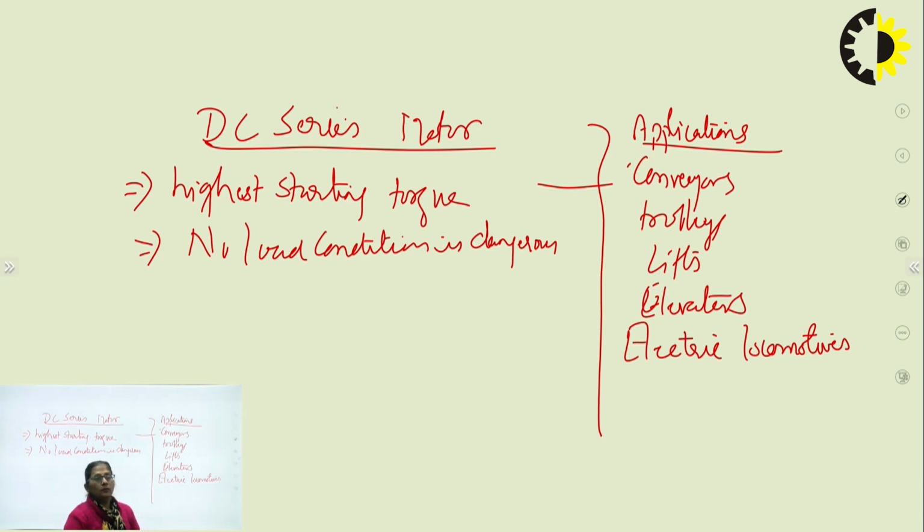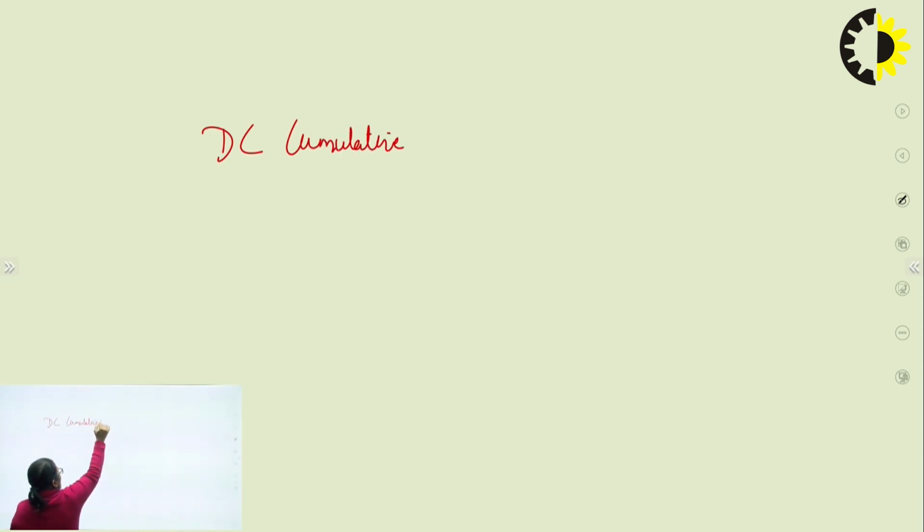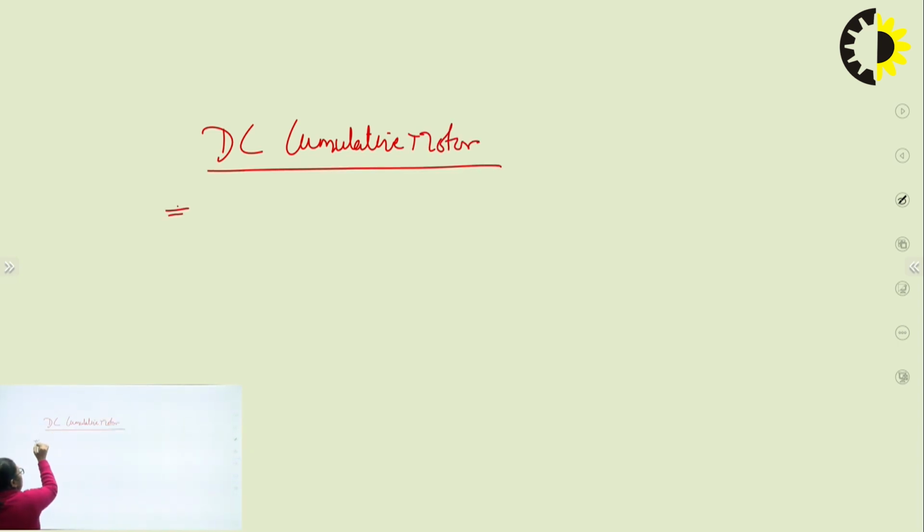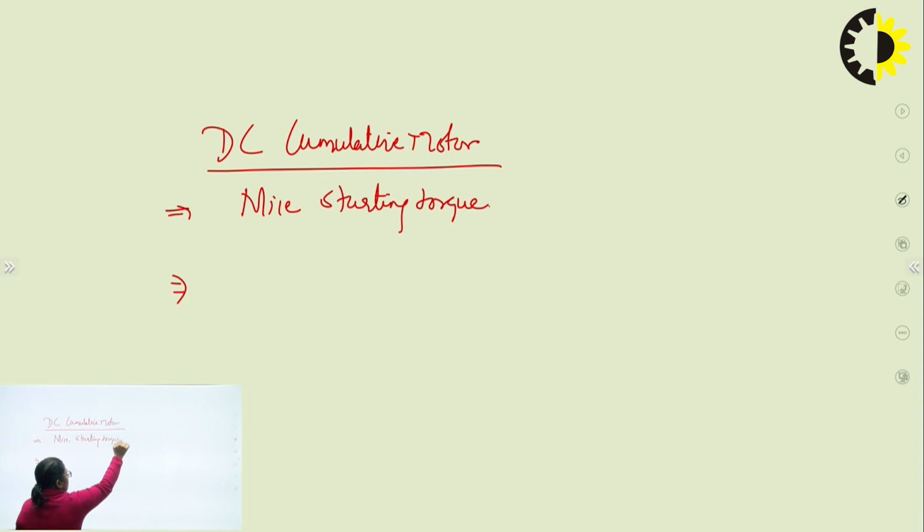Similarly, coming to the DC cumulative motor, it is once again having the advantage of both. What is the first advantage? That it gives us a nice, fairly good starting torque.